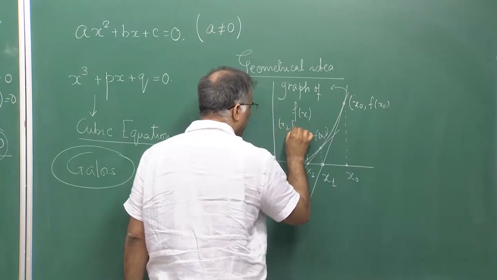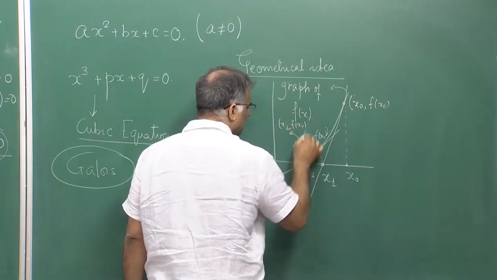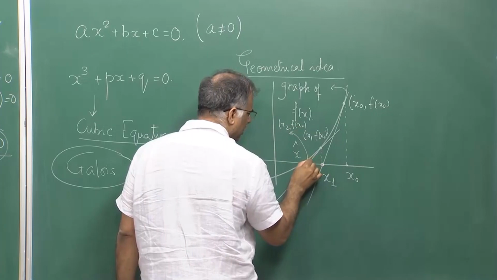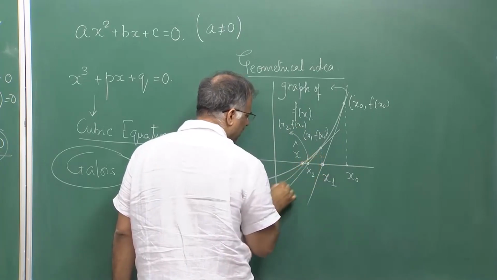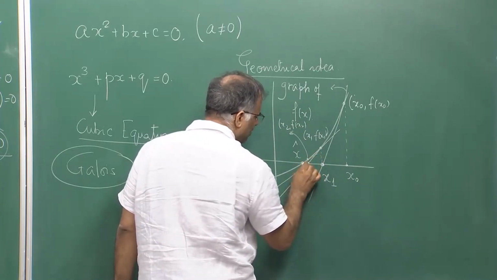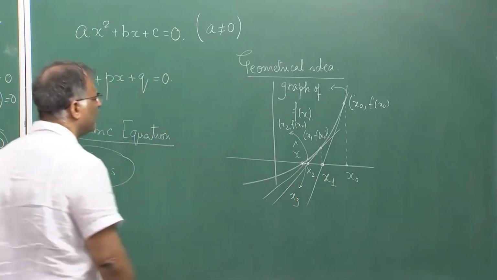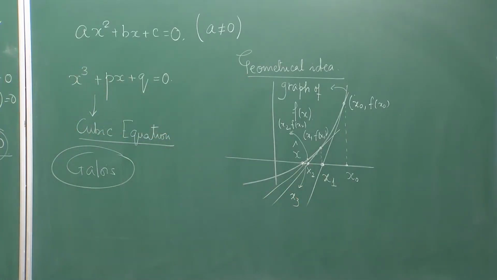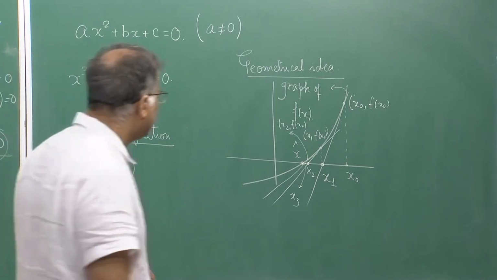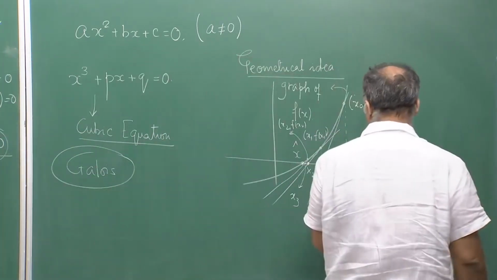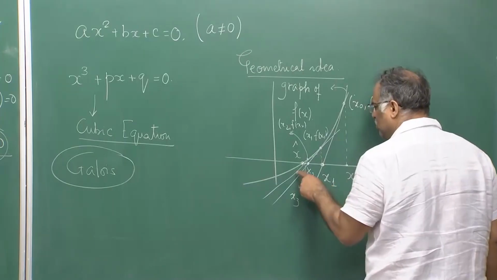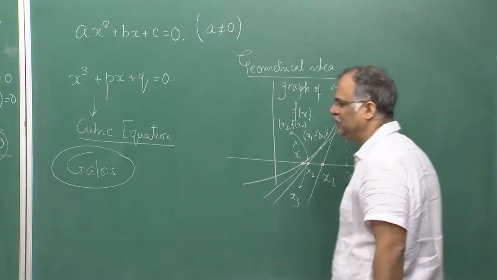I do not want to draw it, it will look clumsy, but if you draw a tangent line you are very near the solution, and this point is x3. So we have generated a sequence of points which are moving towards x hat.